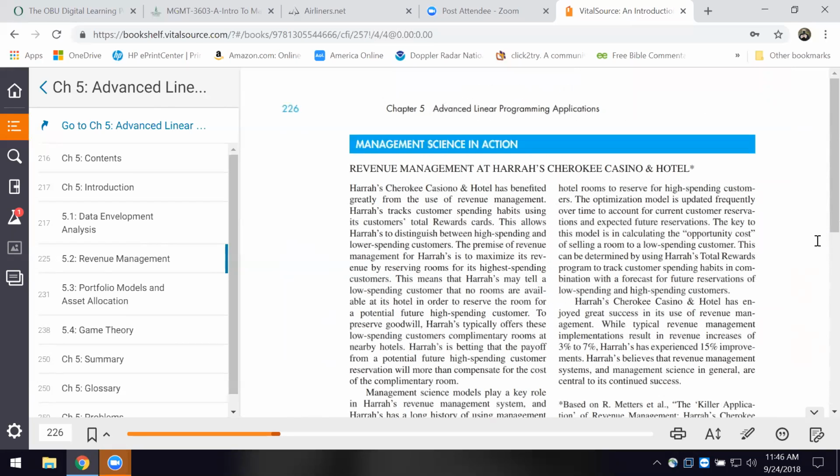Okay, now the authors give you this little bit of discussion about Harrah's and their casino, the Cherokee Casino Hotel. There's a book out there, and I use it in one or two of my courses, called Competing on Analytics. And the people at Harrah's are the first group of people who really understood analytics, and Capital One.